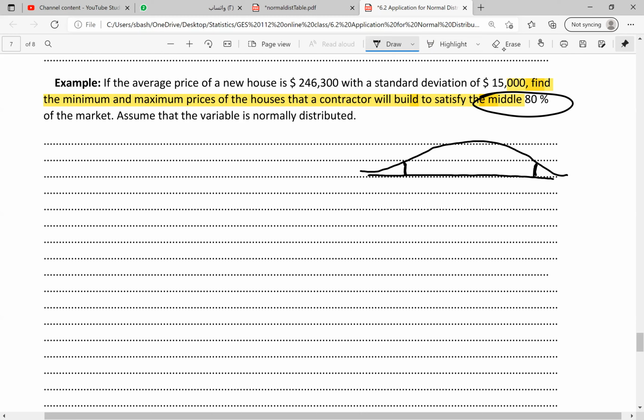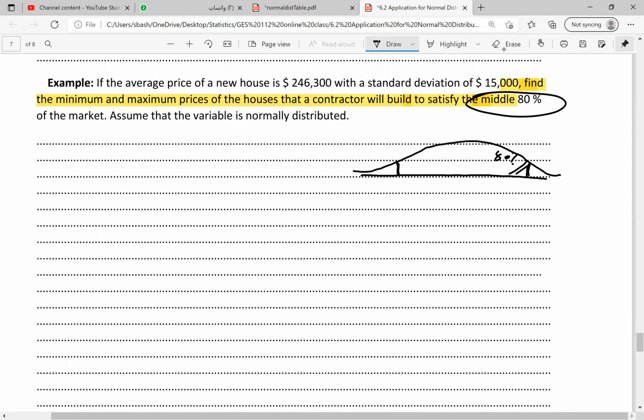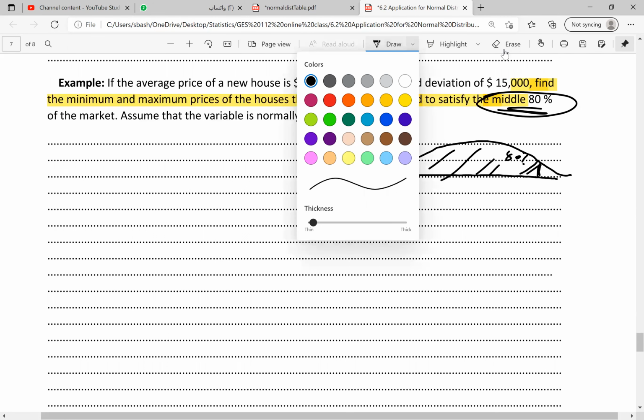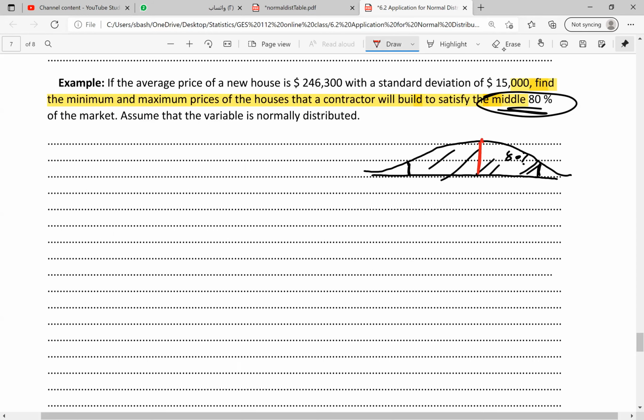This is 80% of the area under the curve. When he said the middle 80%, it means that we have 40% to the right of the mean and 40% to the left of the mean.